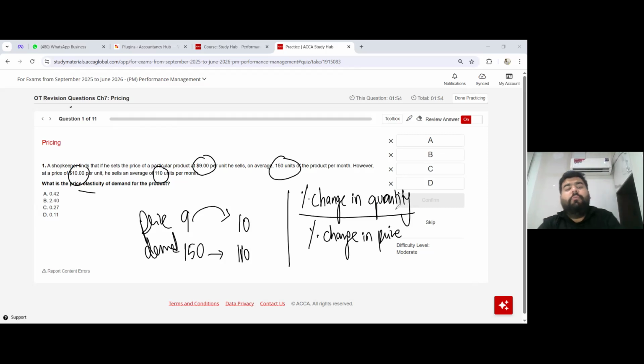So we'll see how much percent of quantity will change according to the percentage change in price. First I'm going to calculate percentage change in price. This one is the old data for price and demand. This is the new data.